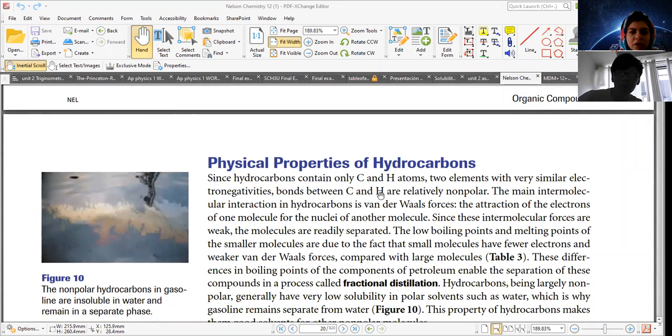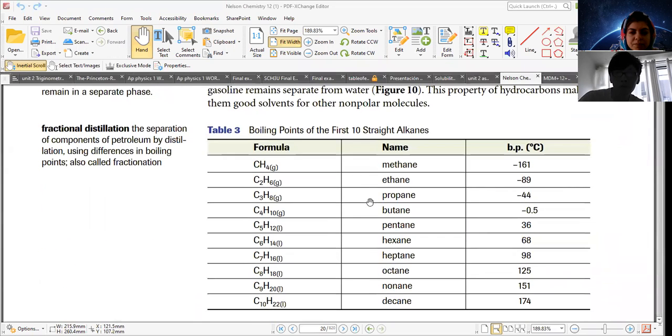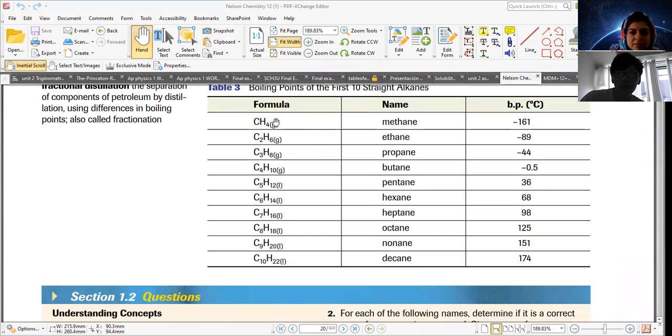Now, physical properties of hydrocarbons. See, this is all methane. As they become bigger and bigger, the boiling point is increasing, right? Because as they get larger and larger, the surface contact between the molecules is going to increase.